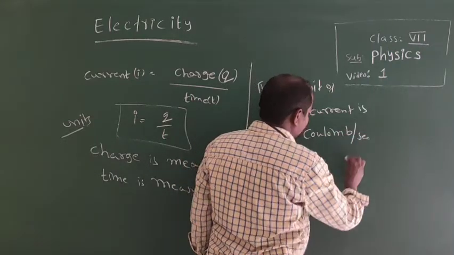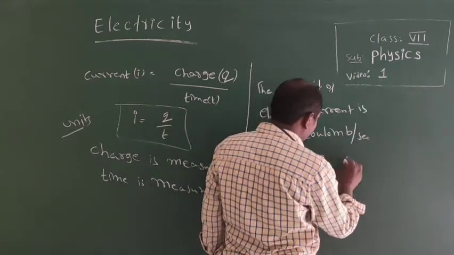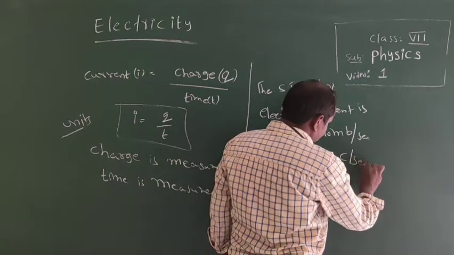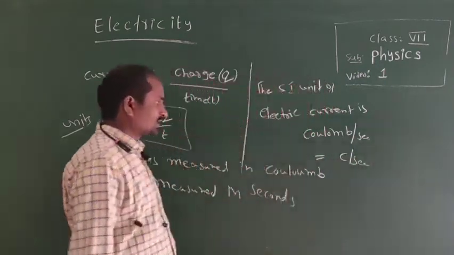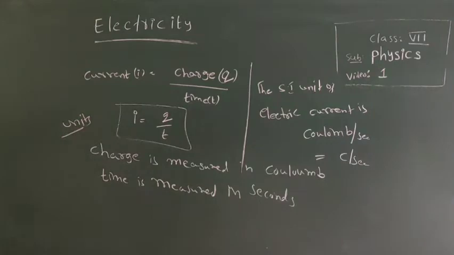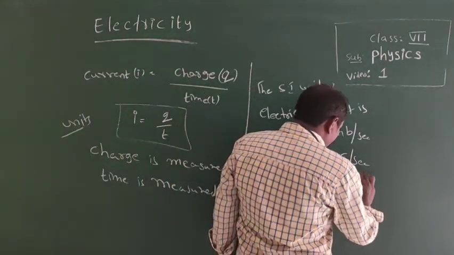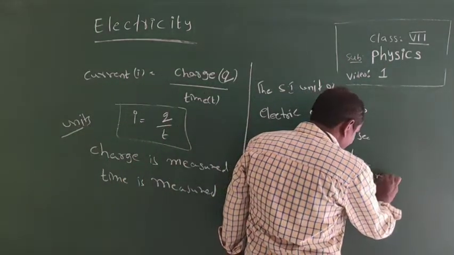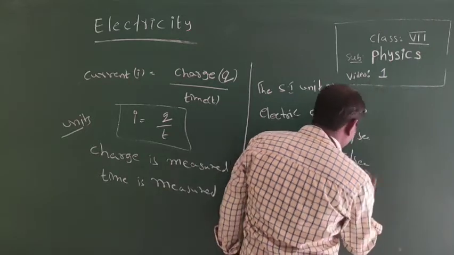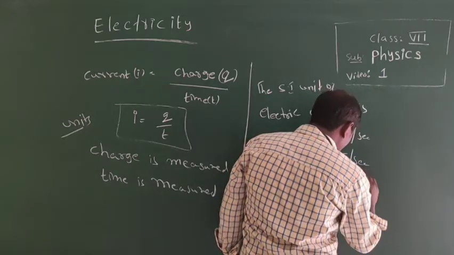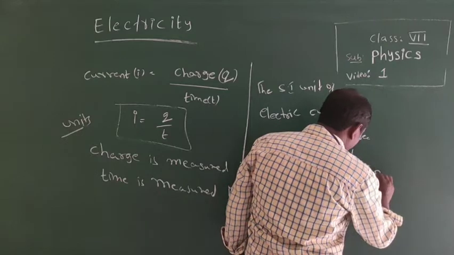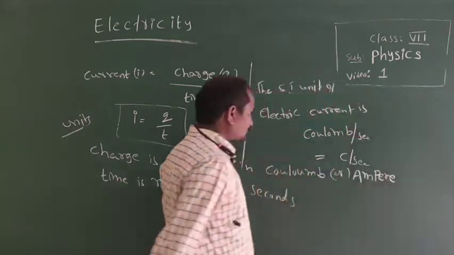Coulomb per second, we can write it as C by s. We can also write ampere. It is also measured in ampere.